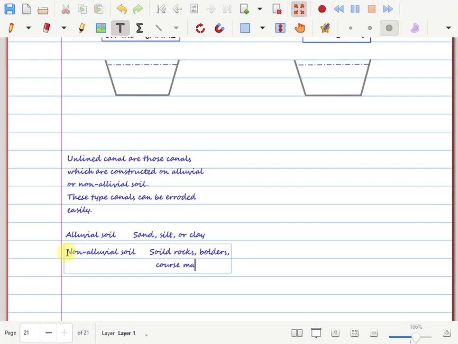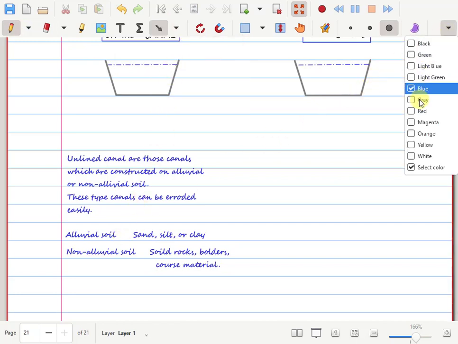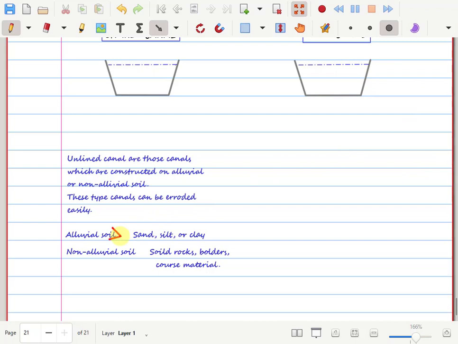If your canal is made up of these materials, then you can call it non-alluvial. If it is made up of sand, silt, or clay, then it is alluvial. Got it? So this is the difference between alluvial and non-alluvial canals.